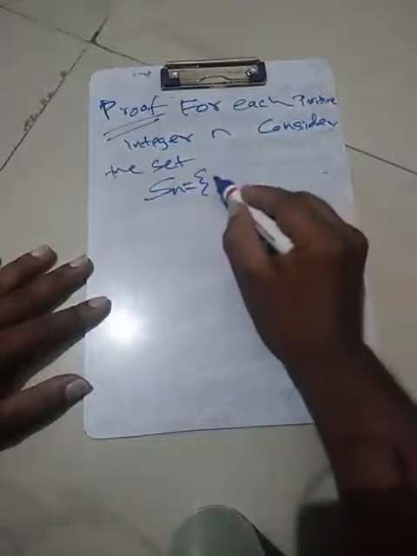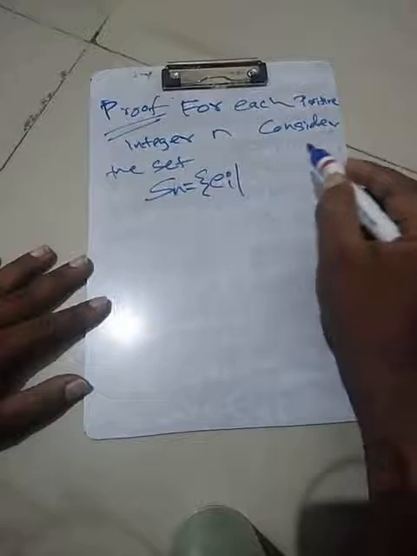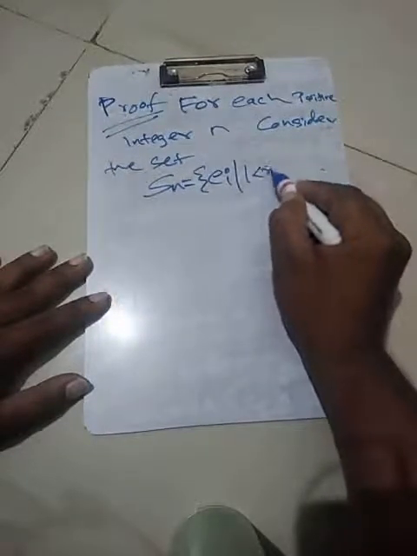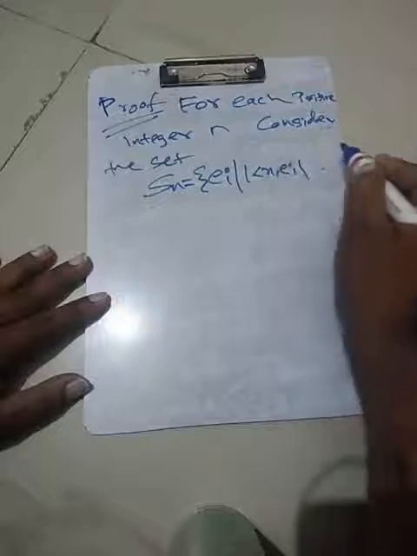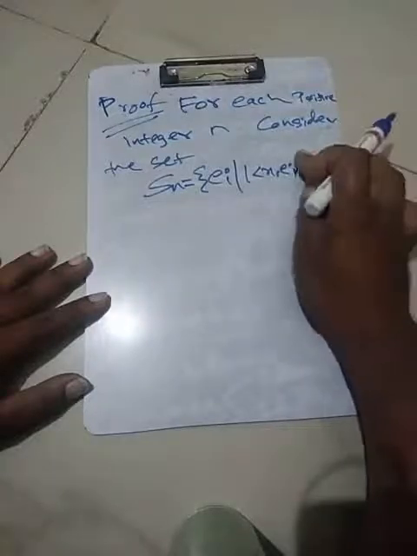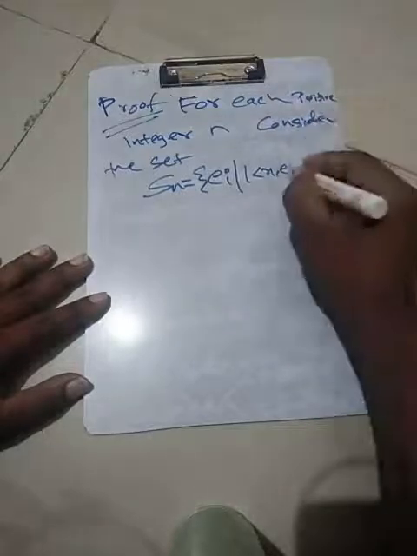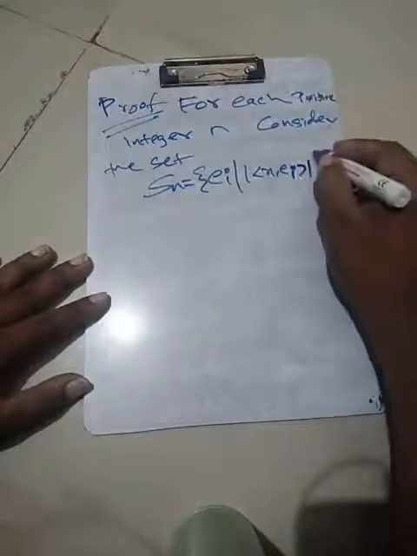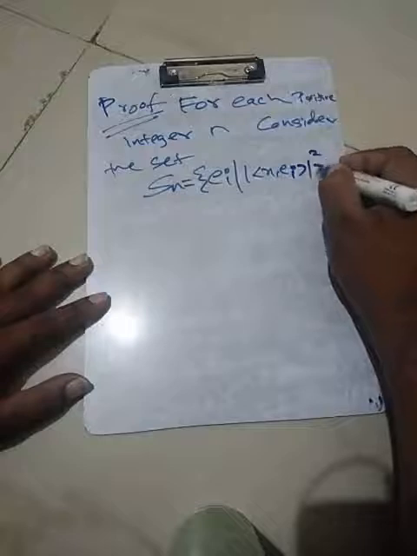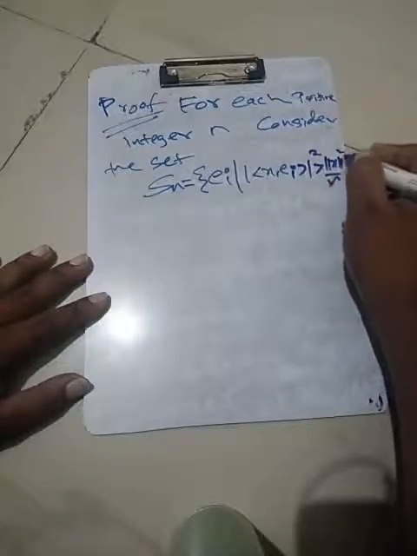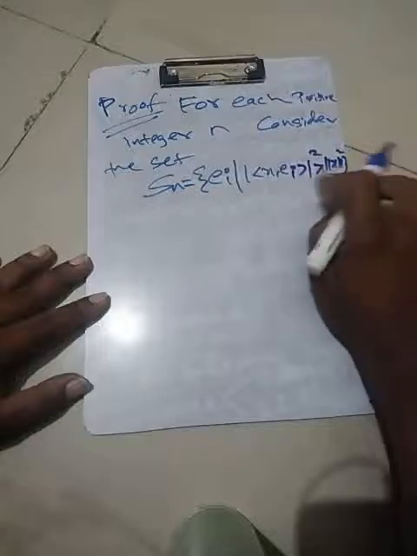It's a collection of all those e_i such that the absolute value of the inner product of x with e_i, the whole square, is strictly greater than the norm of x squared divided by n. So here the n is coming into the picture.